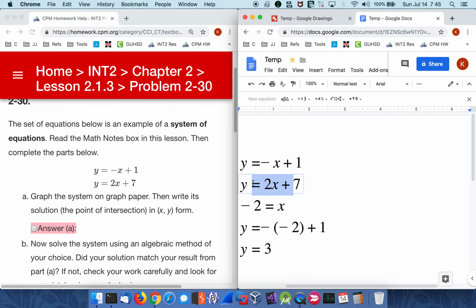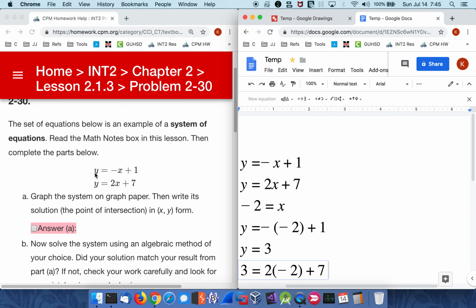We can use this equation to double check it. So let's go ahead and see whether 3 equals 2 times negative 2 plus 7. Okay, so 2 times negative 2 is negative 4. Negative 4 plus 7 is 3. Check.